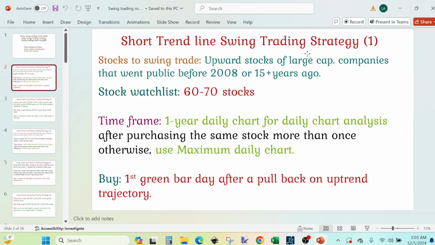stocks, and I found large cap companies to be more stable than the small caps, because with the small ones, the price per share might be lower, but they will fluctuate a lot. And yes, you can have a lot of profit with them, just like you can have losses with them as well. As for large cap, yes, you can have losses with them as well, but they are more stable, and therefore the risk of losing your money is low.